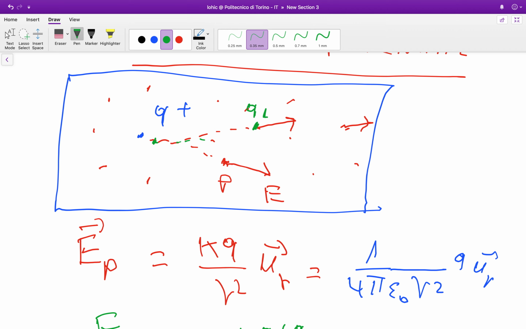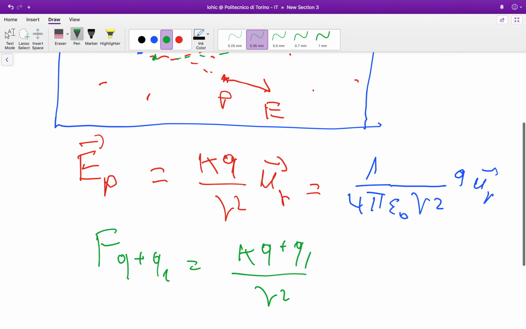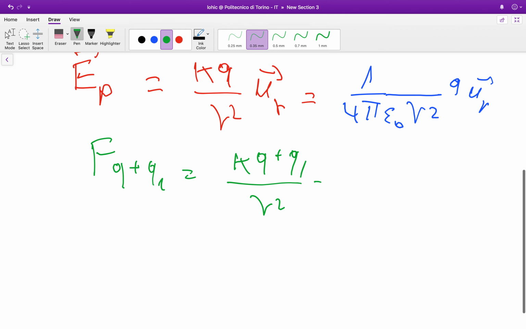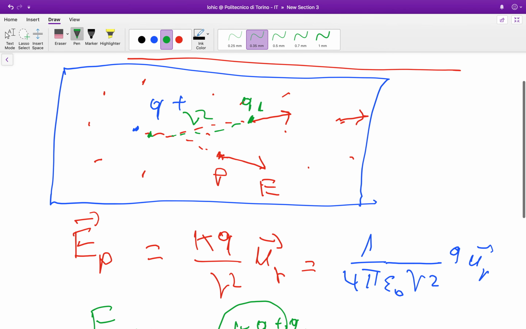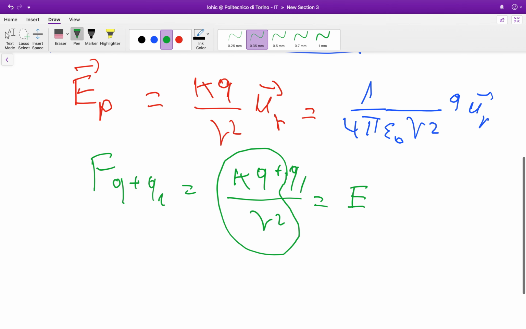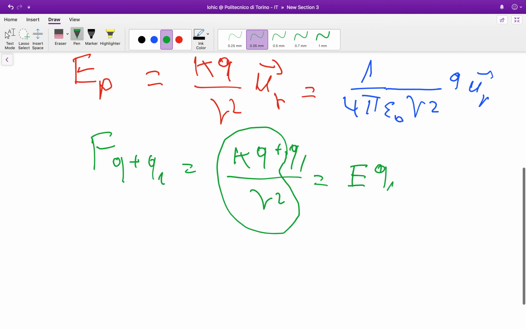It is the distance from here to here. If you look at the expression, you directly understand that this part here is the field. So the force experienced by Q1 is equal to the field at this point, generated by the charge Q plus, multiplied by the charge Q1. Is that clear?